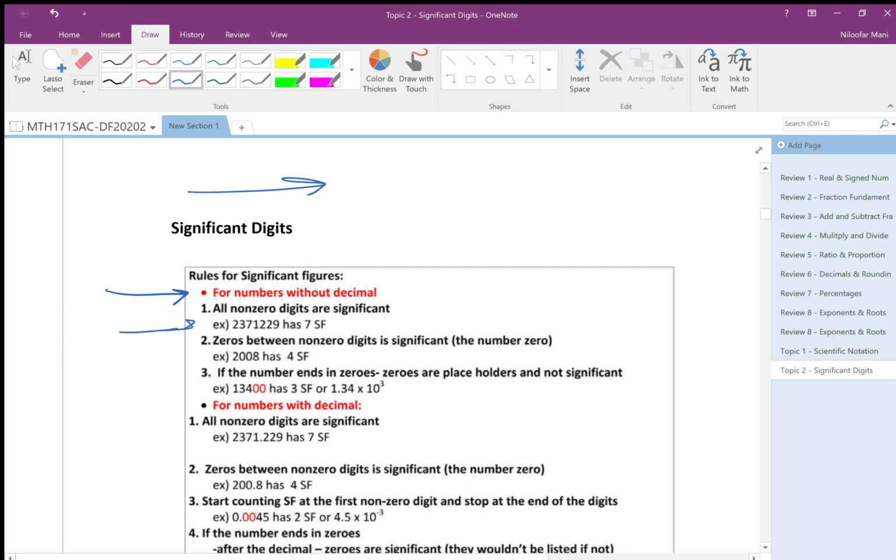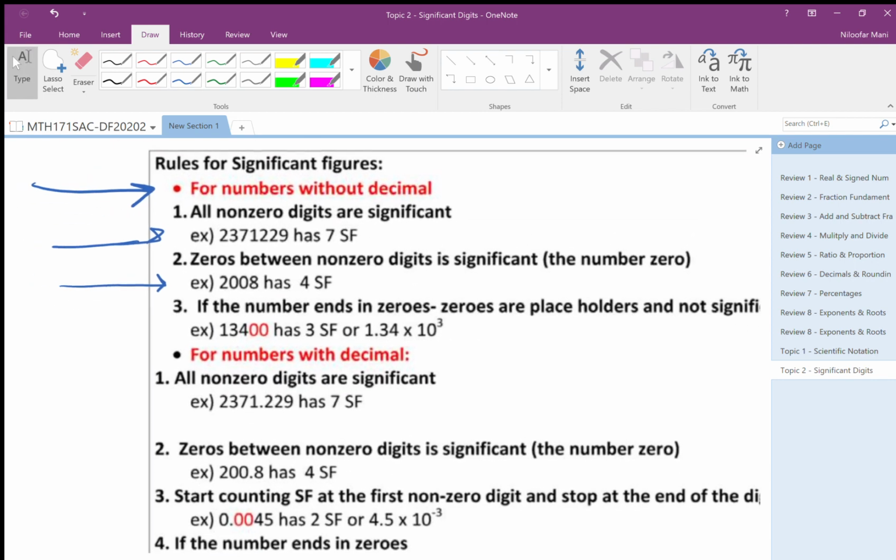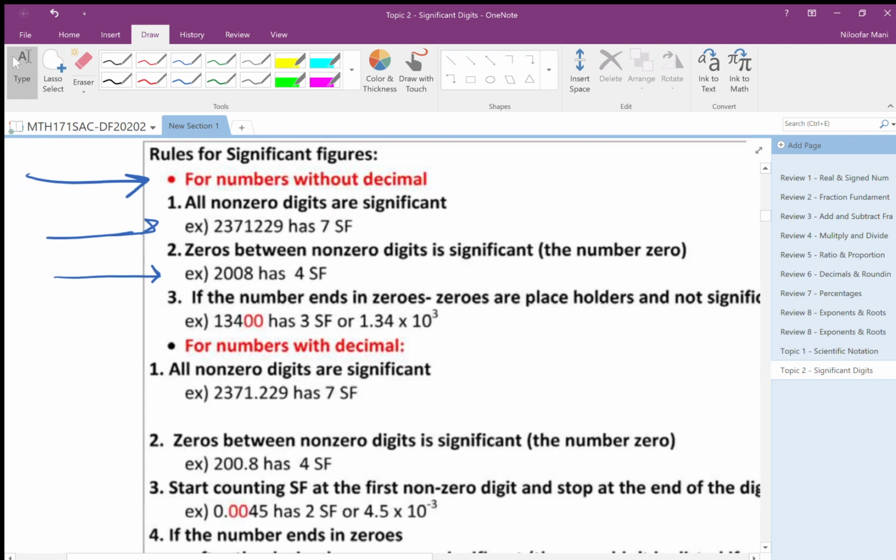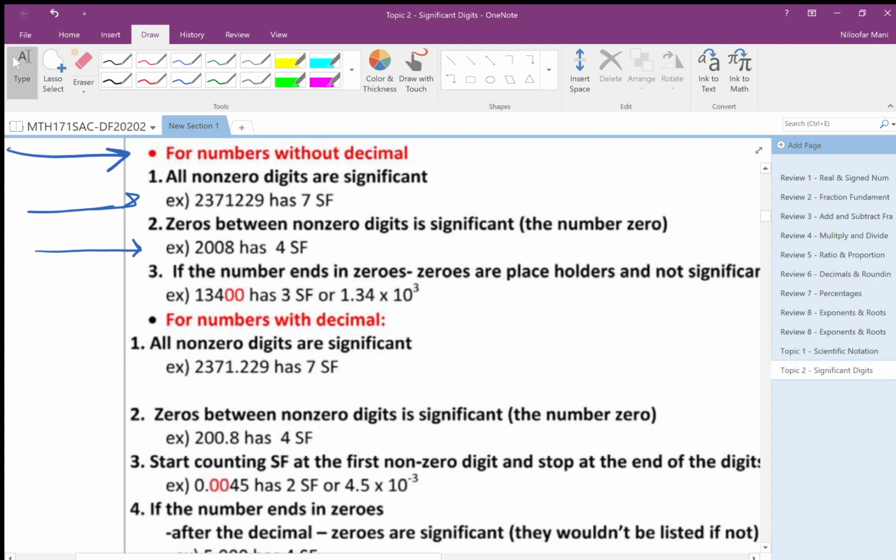How about if I have zero? Zero is a problem. If I have zeros between non-zero digits, I count them. See, here zeros are between non-zero digits, I count them. If I have zeros at the end of the number, for example, if I change my number to scientific notation, I don't see them.